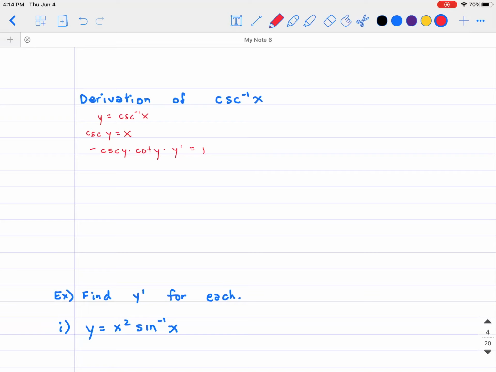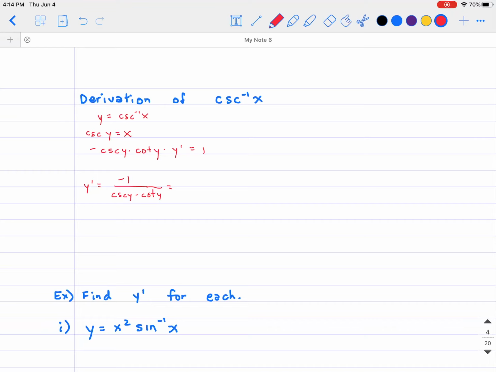Okay, move everything that's not y prime over to the right-hand side via division. So y prime is equal to 1 over cosecant of y multiplied by cotangent of y, and there's also the negative. I'm going to put it over there too.